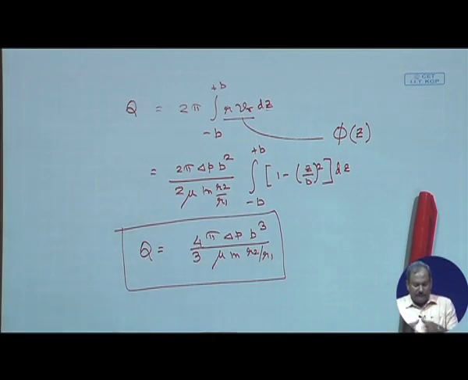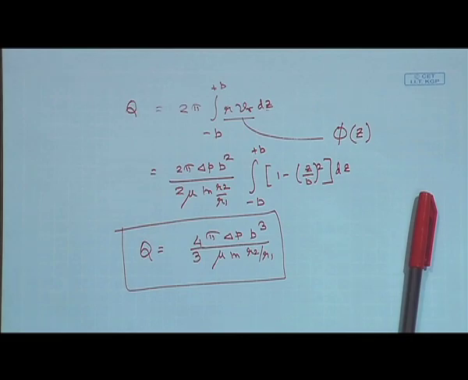So here you see how we get a compact expression for the flow of a Newtonian liquid in between two plates in laminar flow when there is a pressure gradient and no effect of gravity. But the major assumption that we have put in here is that the flow is very slow.